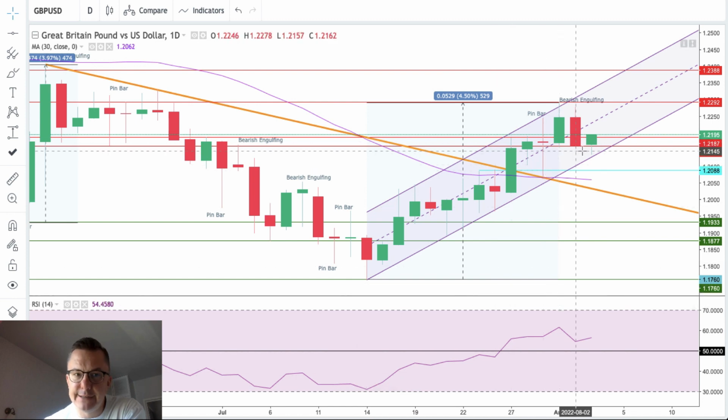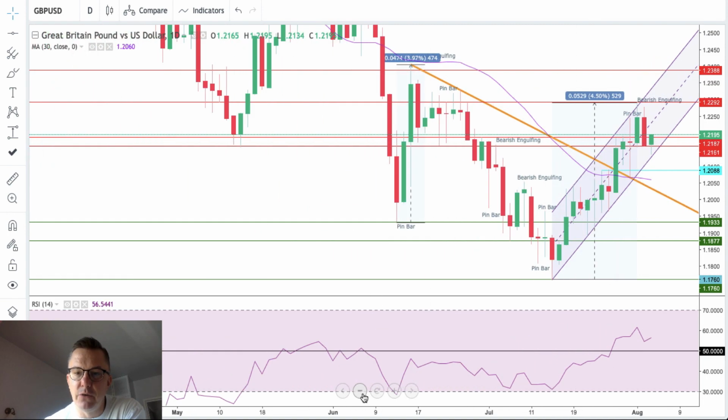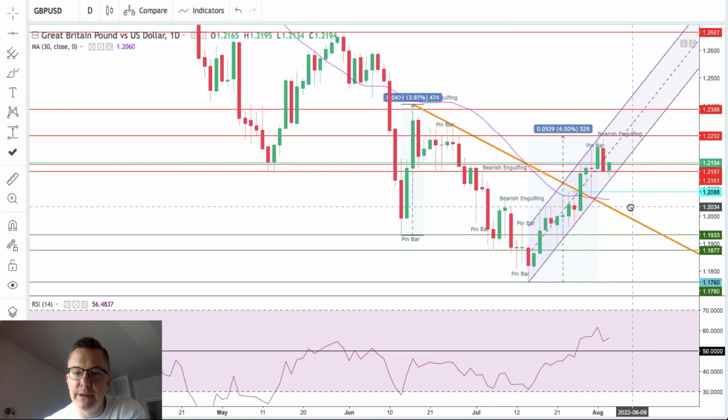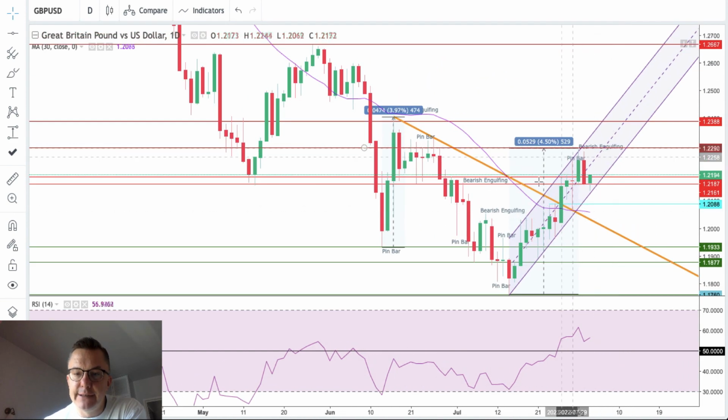In the other case, if we now make a very big green candle, this is a very bullish signal, because the bearish engulfing will get invalidated. So if we do this after the data, or for whatever reason today, then this 4.5% move will be continued, and this might be the beginning of some sort of a reversal.